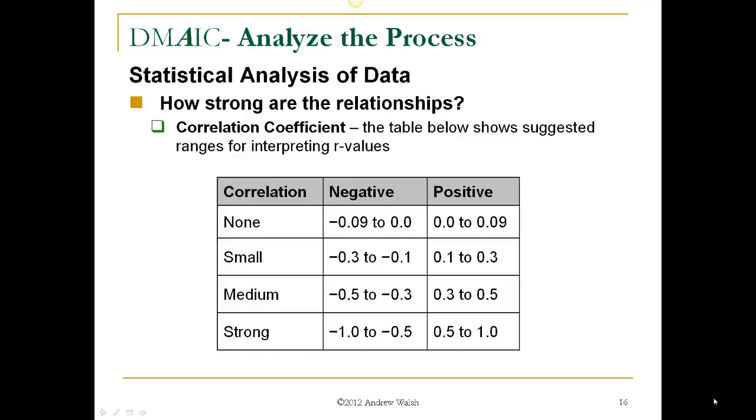And then 0.5 to 1.0 or minus 0.5 to minus 1.0, there's a much stronger correlation. Values of 0.9 and above are considered very strong correlations.